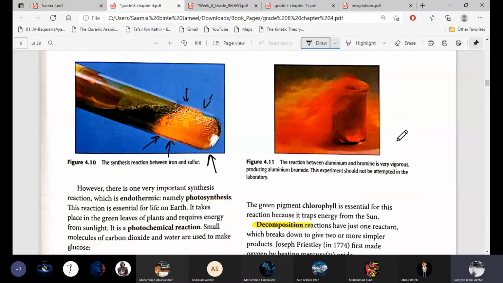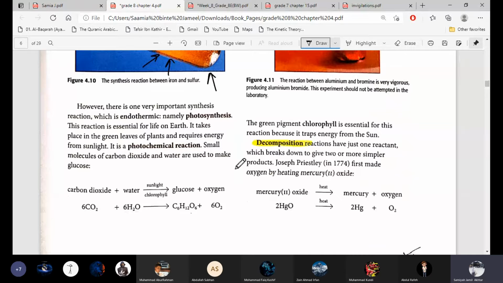Now, most of the synthesis reactions are exothermic, but one reaction is endothermic, which is photosynthesis. You know this. The photosynthesis reaction needs light energy to start. So you're already familiar with how plants prepare their food.